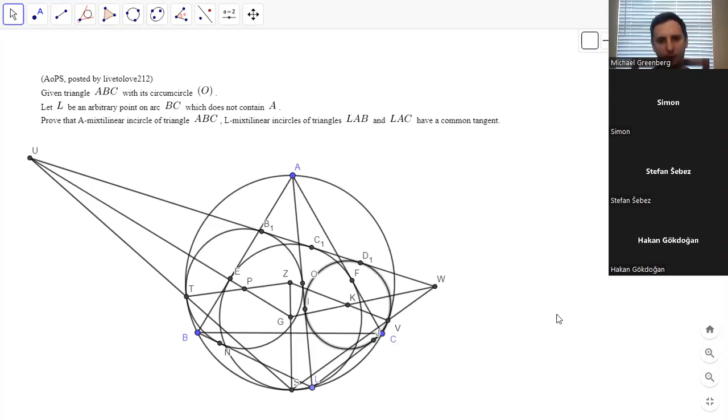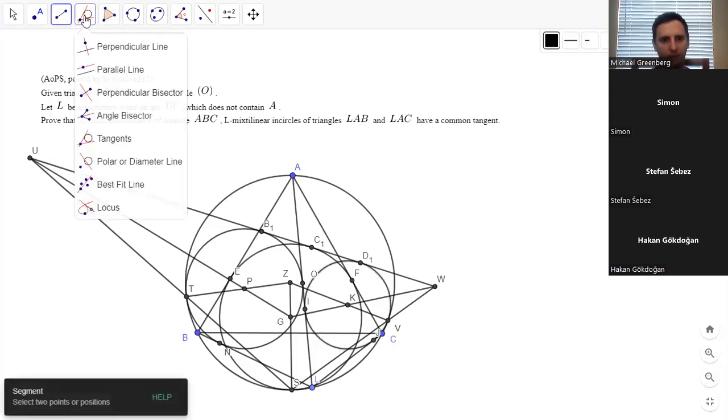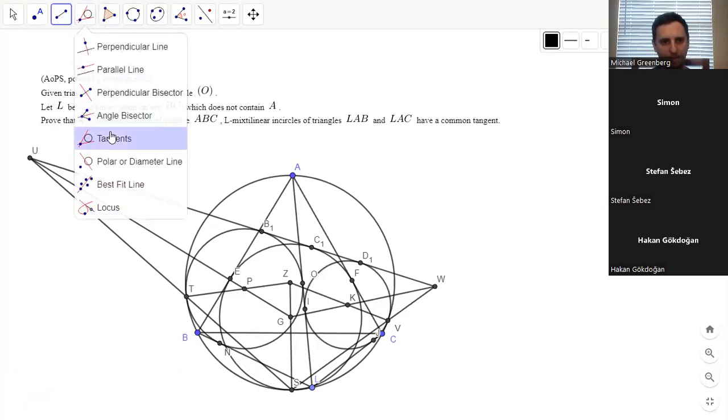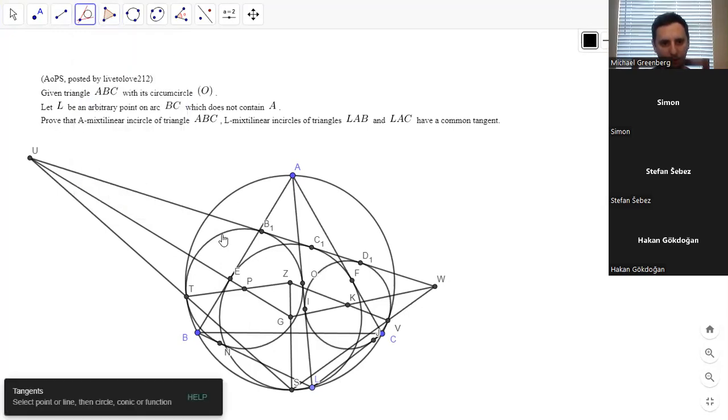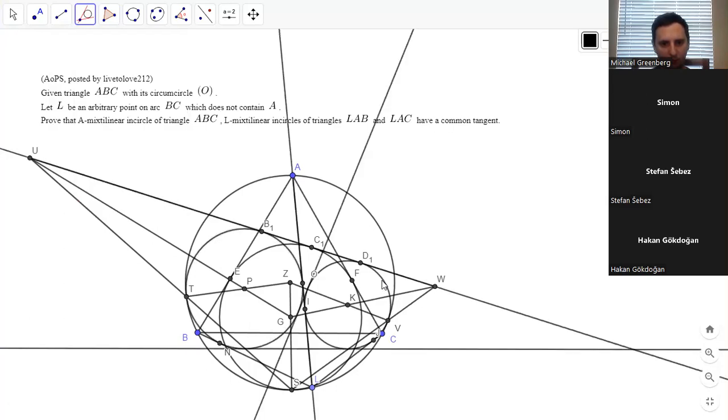And so we get that point, A1, WU, and some other point here are in harmonic conjugation. So let's see if there's anything special about that point. So we have this and this. So this point, UW and A1 are in harmonic conjugation.